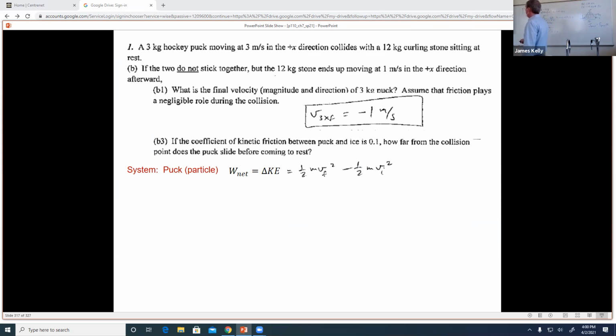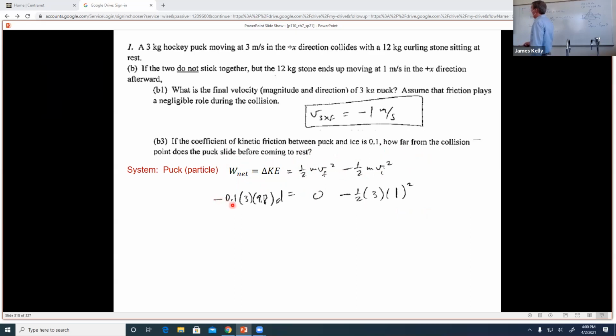The puck is certainly a particle. So we can calculate the net work done on it, which is equal to the change in kinetic energy. With the results we just did, I can calculate that. And the net work I'm going to expand out as, well, first of all, the ice is doing negative work on the puck because it's pulling back opposite the direction it's going.